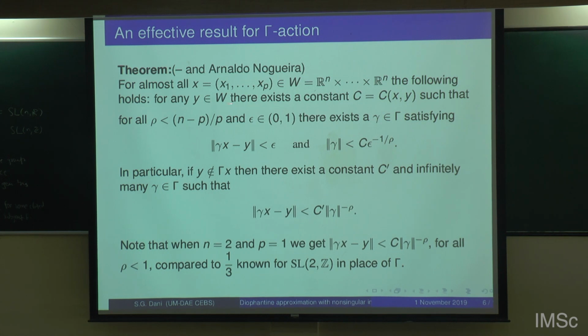For any Y in W, there exists a constant C, which depends on X and Y, of course, such that if I take any number rho which is less than (n minus p) divided by p, and small epsilon, then for this data you can find a gamma in the semigroup such that gamma x approximates y, with distance less than epsilon, and I have a control on gamma which is of the order c times some constant times epsilon raised to minus 1 by rho.